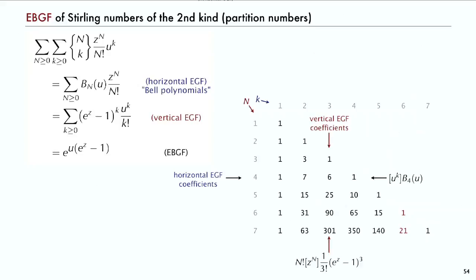And vertical is found by extracting coefficients of z to the n, and that's essentially the derivation that we gave. But again, there's another whole set of identities involved with understanding the Stirling numbers of the second kind. And here they are coming up in a completely different application with exponential generating functions.